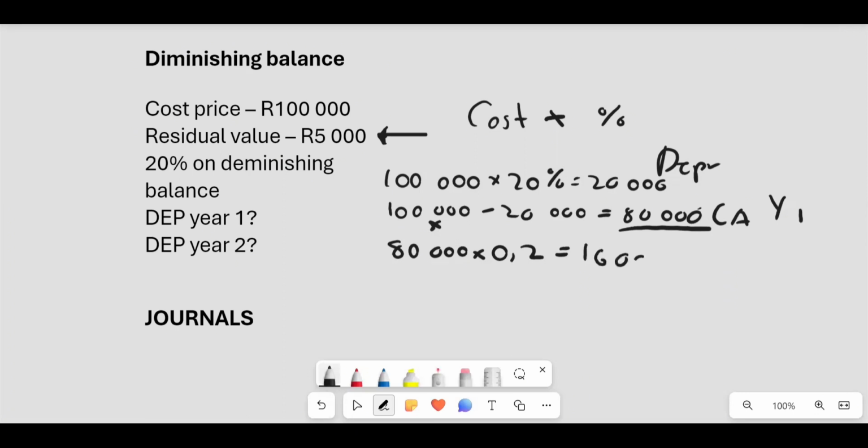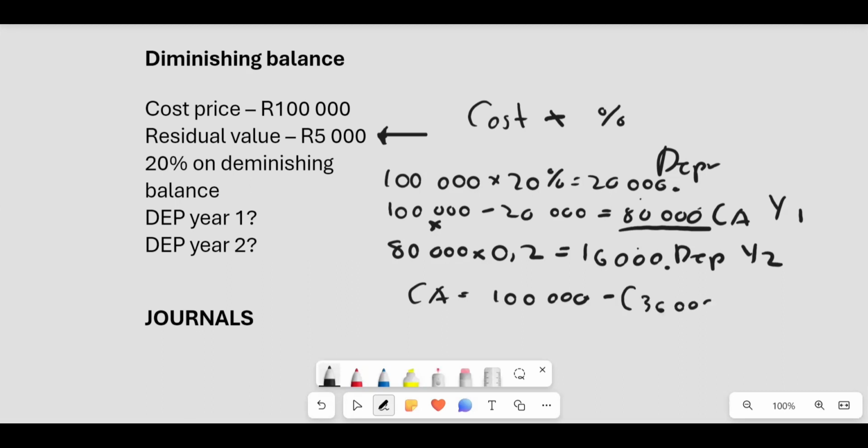So this would be your depreciation for year two, and therefore your carrying amount would be 100,000 minus accumulated depreciation. Accumulated depreciation would be this 20,000 for year one and this 16,000 for year two. Basically, you add 1 and 2 together, it would give you 36,000.